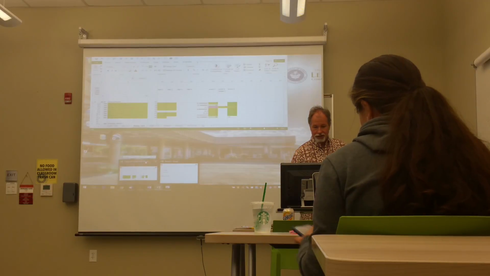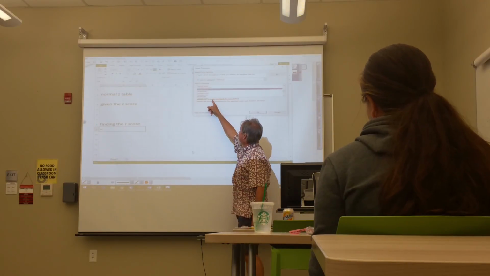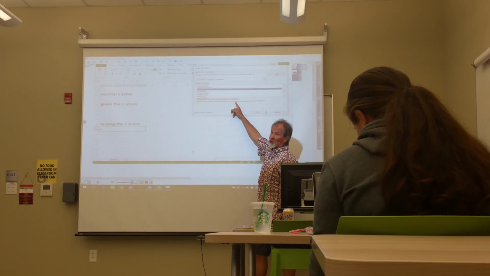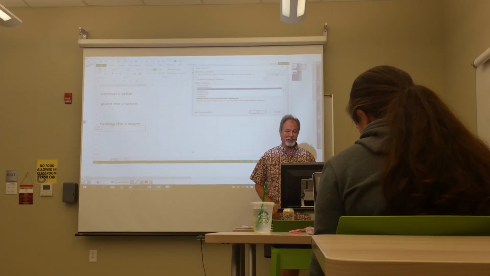So when I look at this, what does this say? It says returns the normal distribution for the specified mean and the standard deviation.